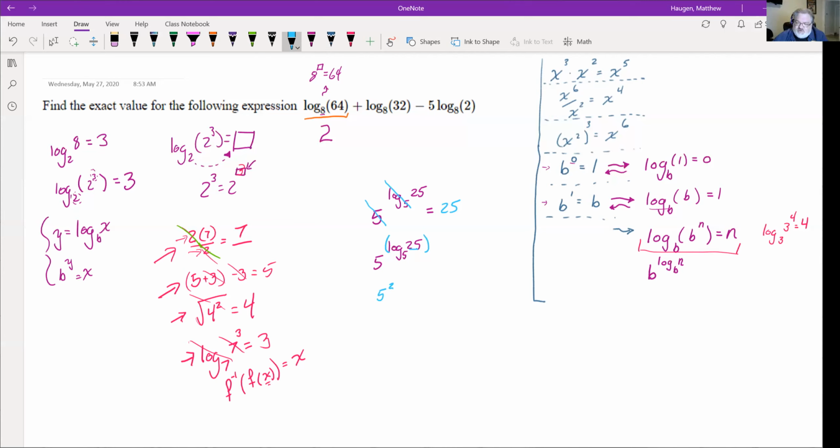Then what's 5 squared? Well, I'm almost asking the reverse of the question I just asked you, right? And again, that's the point here. The logarithm is turning it into the exponent. Well, now that it's an exponent, 5 to that exponent gives us back our 25.